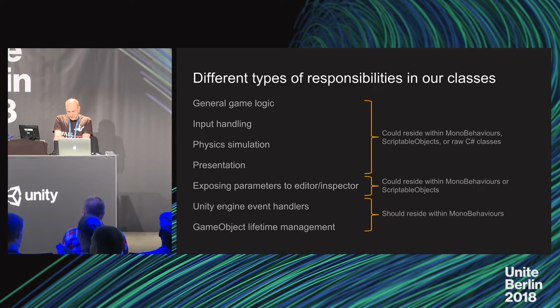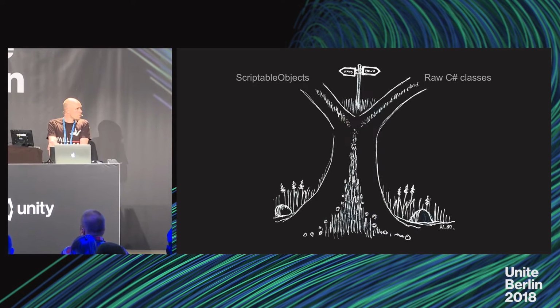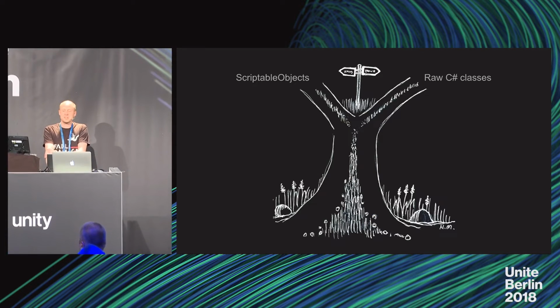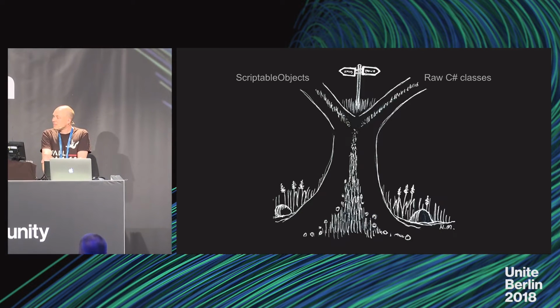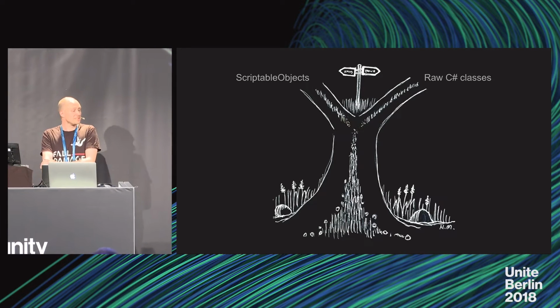Now, I believe that for many games, it's worthwhile to aim for getting as much as possible of the code out of the MonoBehaviours. So this is a point where we need to make a choice. Either we move things into ScriptableObjects or we move things into raw C# classes.